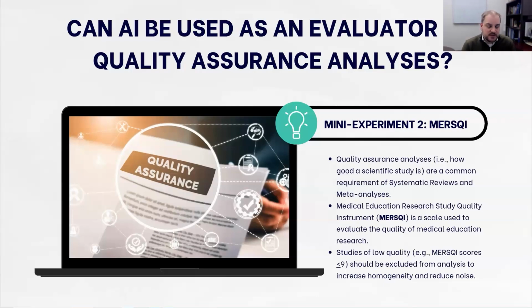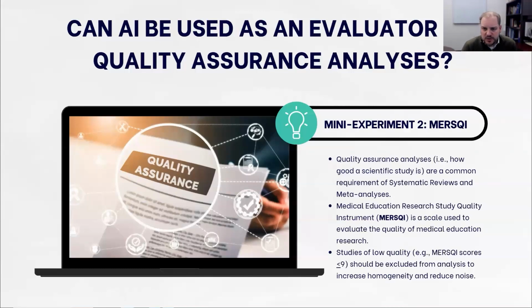And so the research process for conducting systematic reviews and meta-analyses immediately came to mind. And that's because as part of this process, the PRISMA guidelines recommend conducting a quality assurance analysis to ensure that all of the studies are of high enough quality to be included in the final analysis for a meta-analysis in particular.